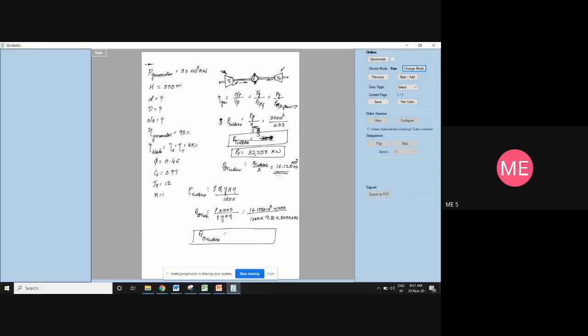So the total discharge for one turbine is 6.45. Once you know Q, what is the next step? Our intention is to find small d, capital D, and ns. We know the speed ratio. With the help of the speed ratio, I can find capital U, which is equal to speed ratio into square root of 2gh.